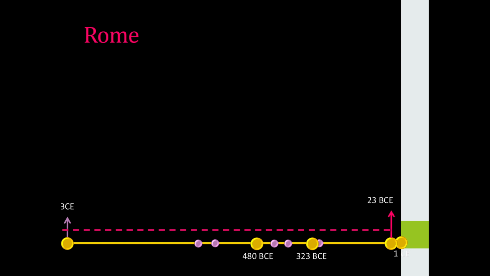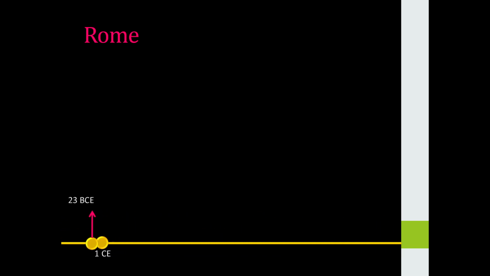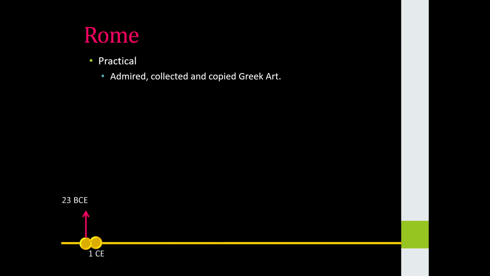About 23 BCE is when Rome becomes the power it was. So one of the things to understand aesthetically about Rome is that Romans were practical. Okay, meaning they didn't have a problem absorbing the information, gathering the things that they could, and then dismissing the rest. They were not into reinventing the wheel.